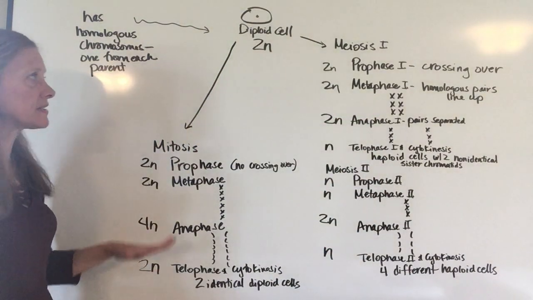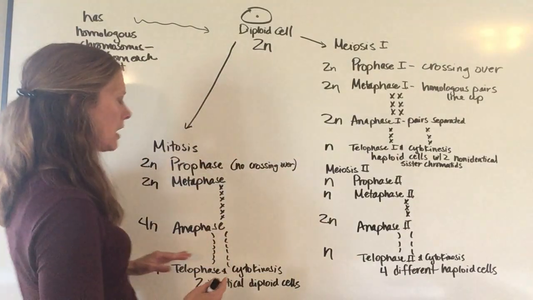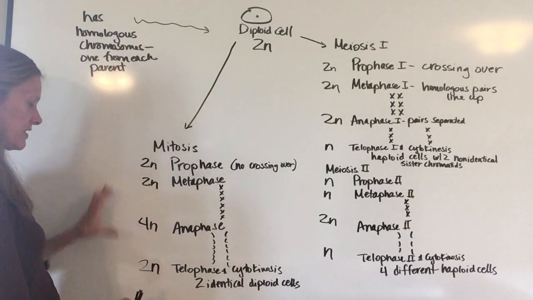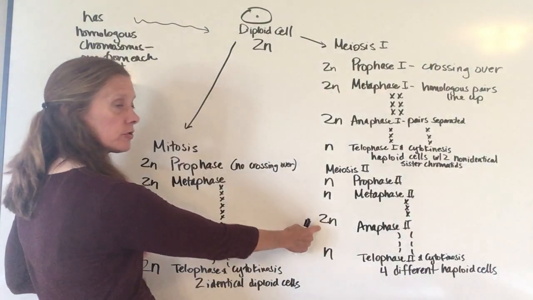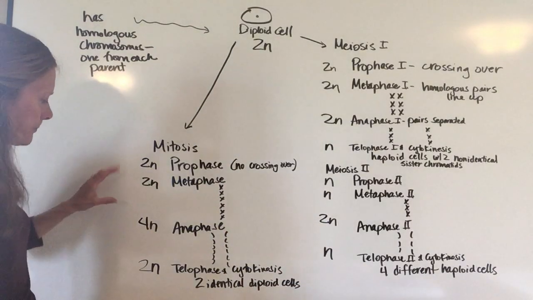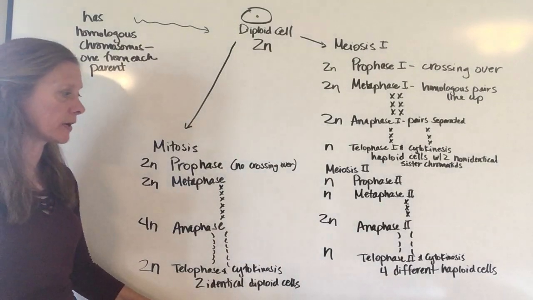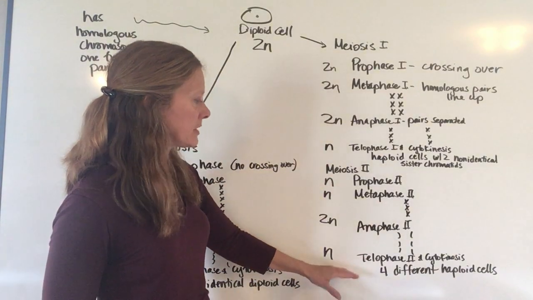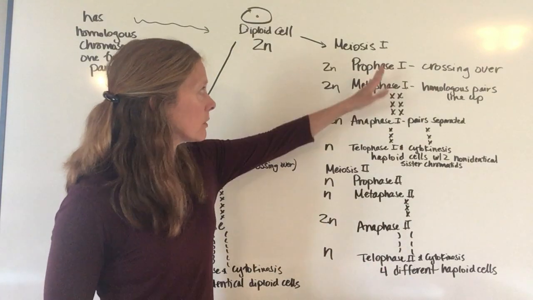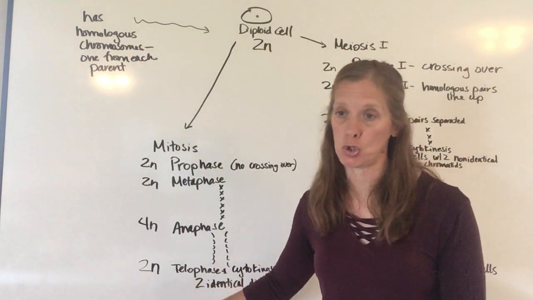You'll also notice that in all 3 of these stages, there is a very brief moment, well, not in all 3 of them, only 2 of them here, where the number of chromosomes doubles until the cell actually separates. But here I'm going to end up with identical cells to what I started with, and here I'm going to end up with 4 cells very different than what I started with. Here with meiosis, I end up with 4 cells. With mitosis, I end up with 2.